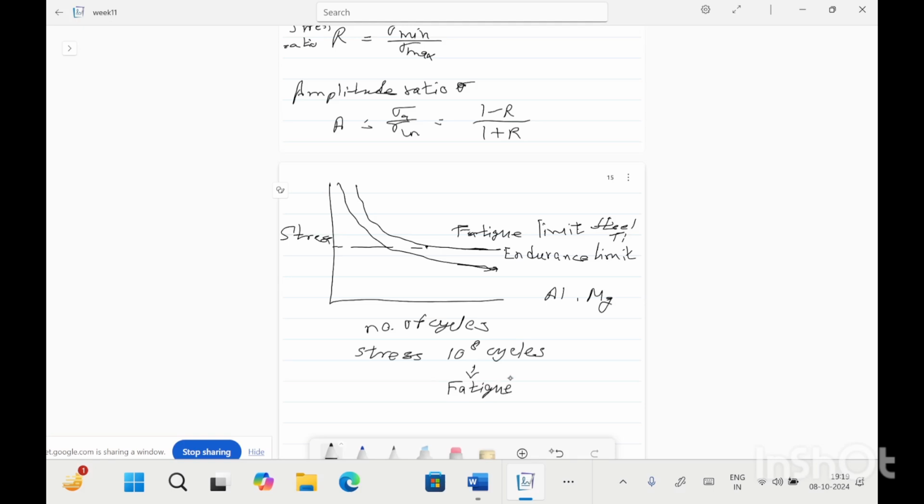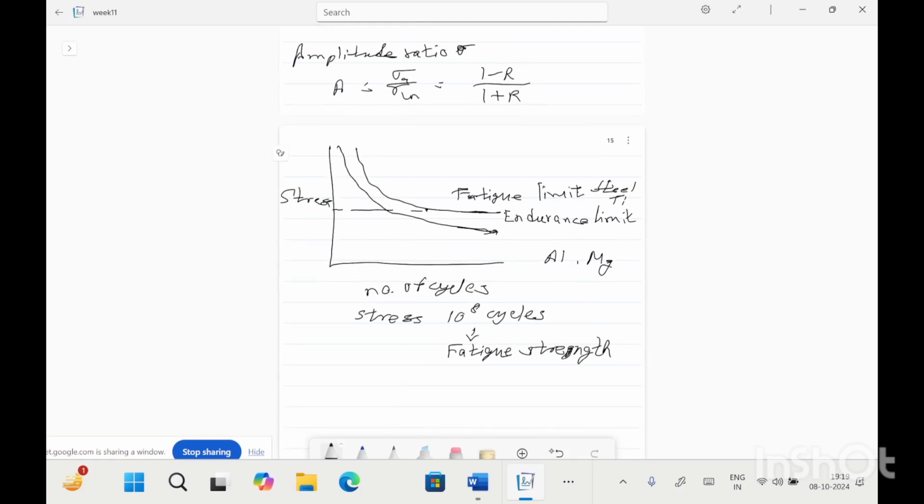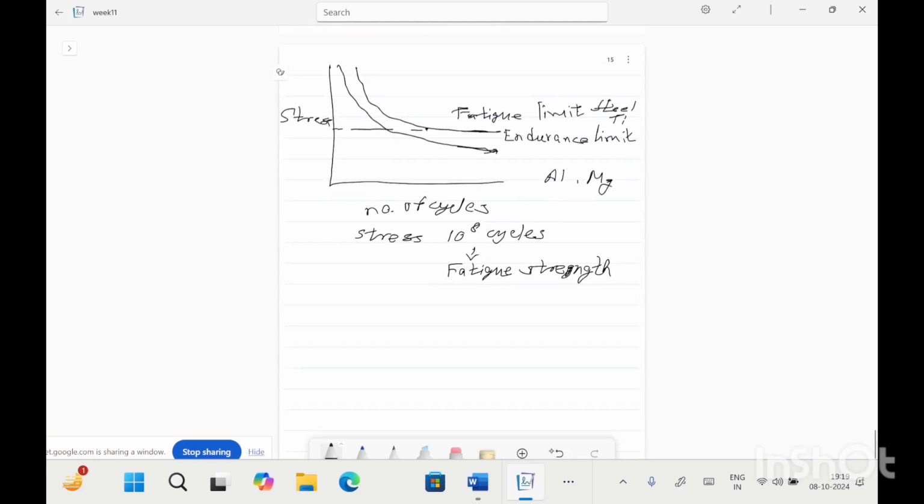It means when the material can be loaded for 10 raised to power 8 cycles without failure, then that stress will be the fatigue strength for aluminium and magnesium alloys. Generally the data is collected in the completely reversed cycle.